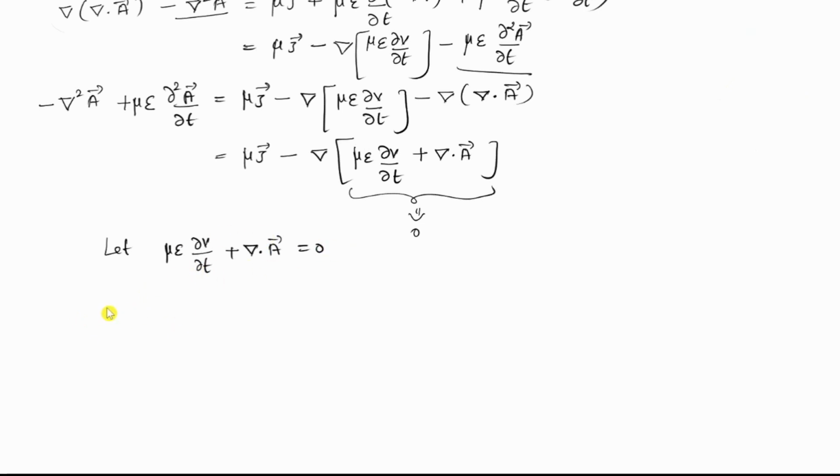You can rewrite it. We'll get minus del square A vector plus mu epsilon dou square A vector by dou T square, that is equal to mu J vector. So we'll do some adjustment.